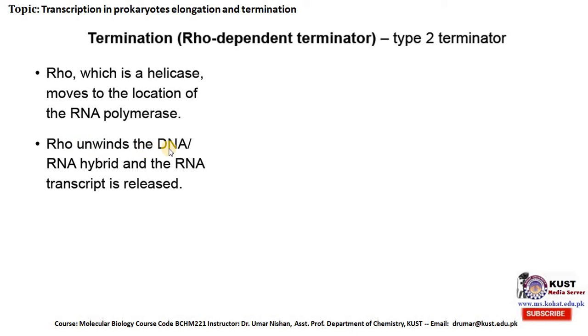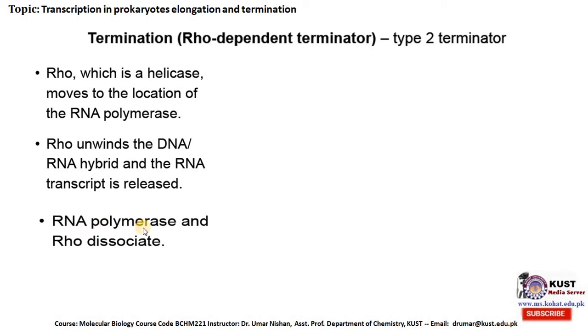Rho unwinds the DNA RNA hybrid, and the RNA transcript is released. You have seen in the figure of elongation that I showed you the hybrid DNA RNA, and this rho unwinds the DNA RNA hybrid, and the RNA transcript is released.